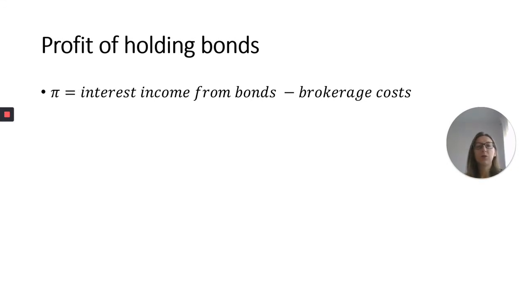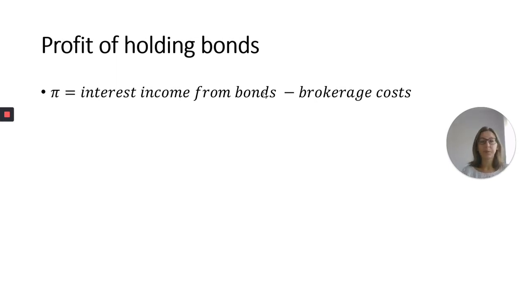And in order to understand that, we are going to take now a bit different approach. We are going to look at the profits of holding bonds. So that is probably a person who decides to hold bonds instead of keeping cash, if he or she thinks that they could earn.